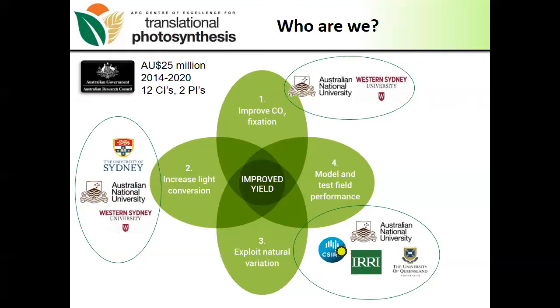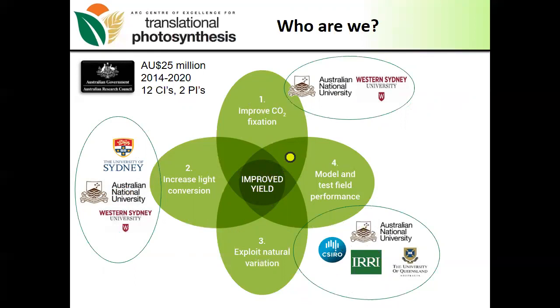CSIRO is the big Commonwealth Science National Institute in Australia, and IRRI is the International Rice Research Institute in the Philippines. You can see that we have members from University of Queensland, Sydney, and others.